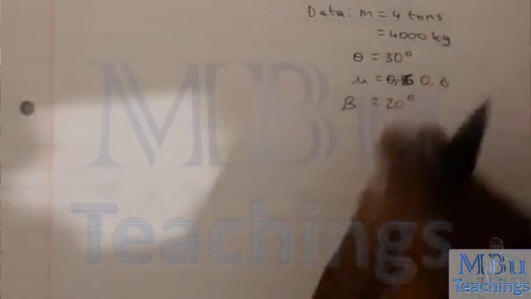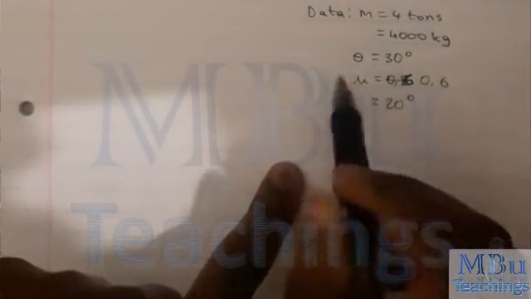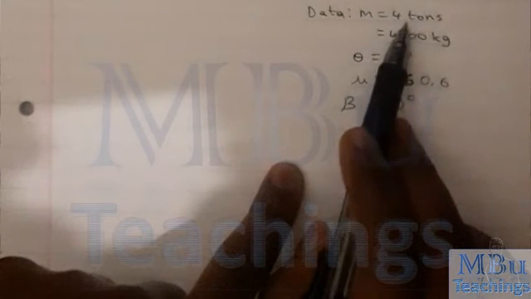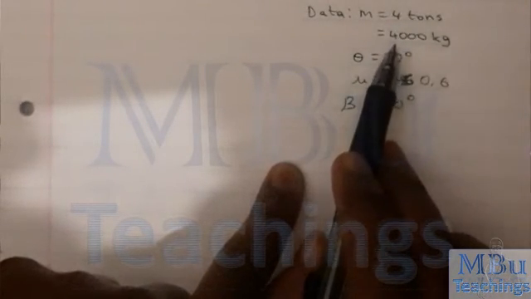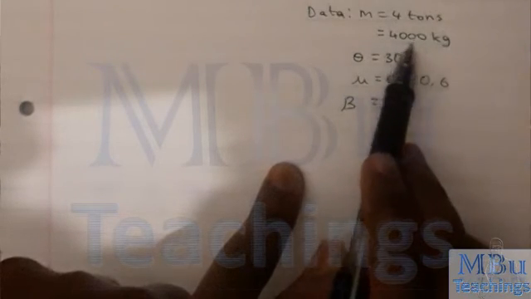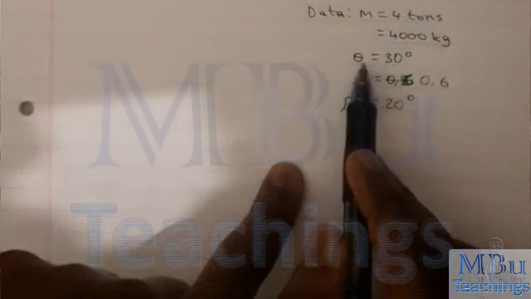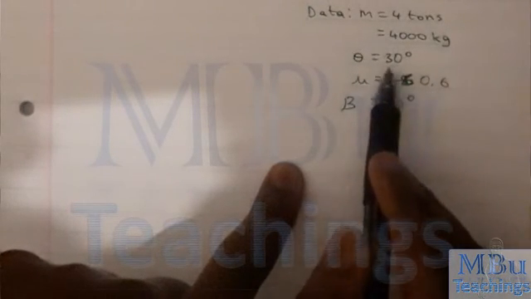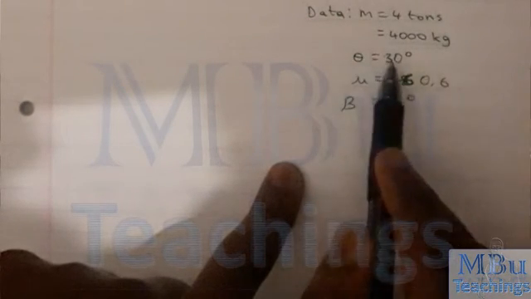Let's move to the next question. I already wrote our data. You can see we have 4 tons, but we know tons can be changed to kgs. 1 ton is 1000 kg, so we have 4000 kgs. The 30 degrees is the angle of the incline, that means it is theta.